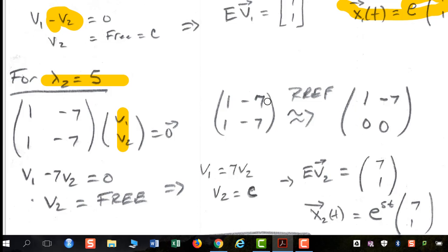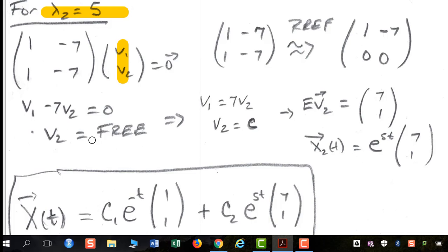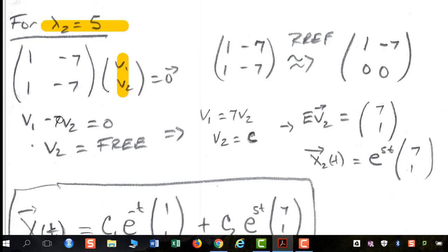I put that in reduced row echelon form, and I get 1, negative 7, with 0, 0. So v1 minus 7v2 equals 0, and v2 is my free variable. I move the minus 7v2 to the other side of the equation, and I get v1 equals 7v2, and v2 equals c.